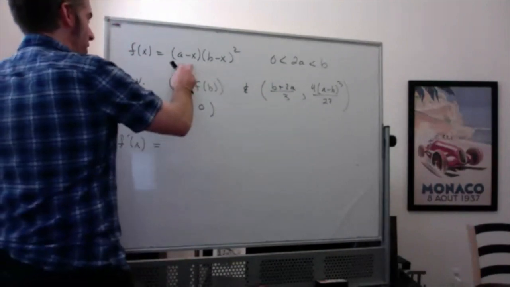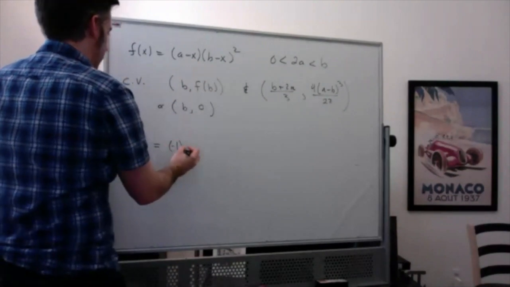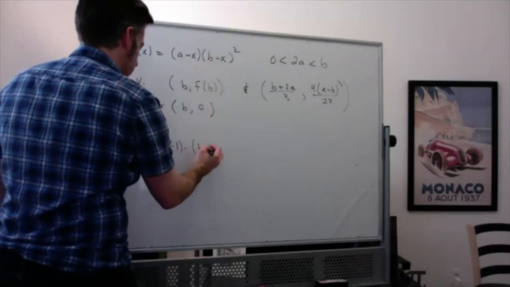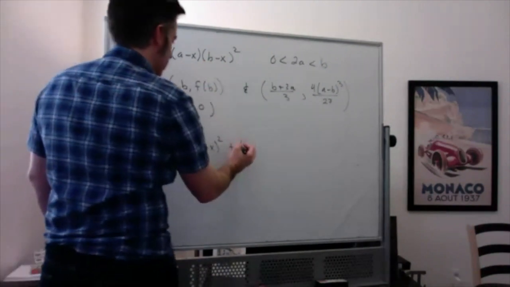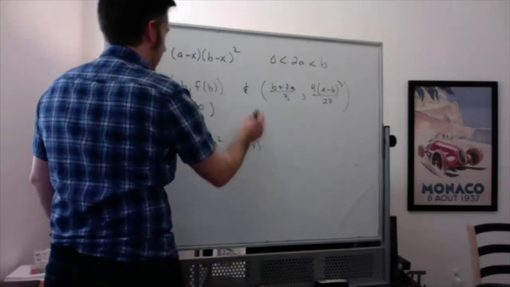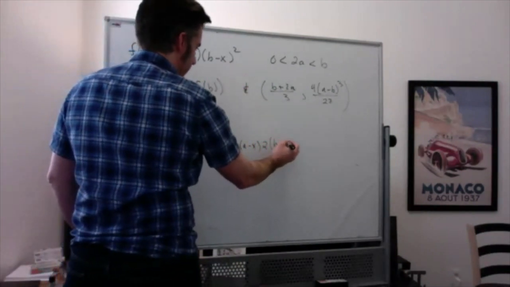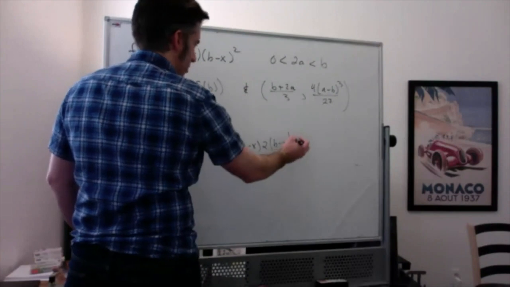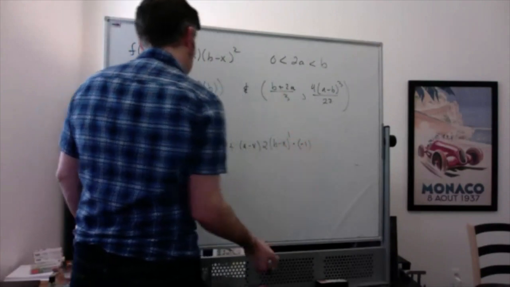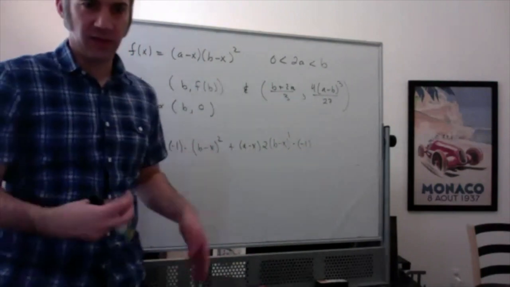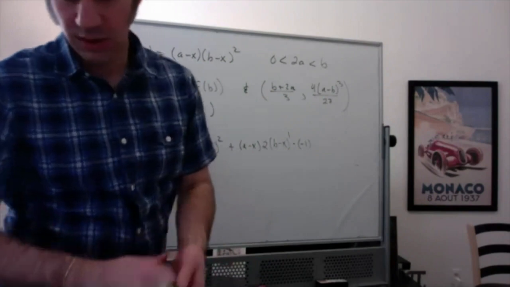So the derivative of a minus x is -1 times the other part left alone, plus a minus x times the derivative of this, which is 2 times my stuff to the first power times the derivative of this stuff, which is -1. And normally I would then set it equal to 0 and find the critical values, but they already told us what the critical values were. So let's not do that.